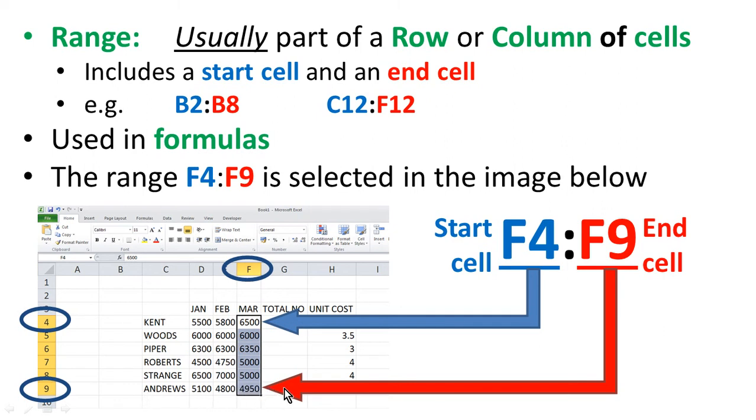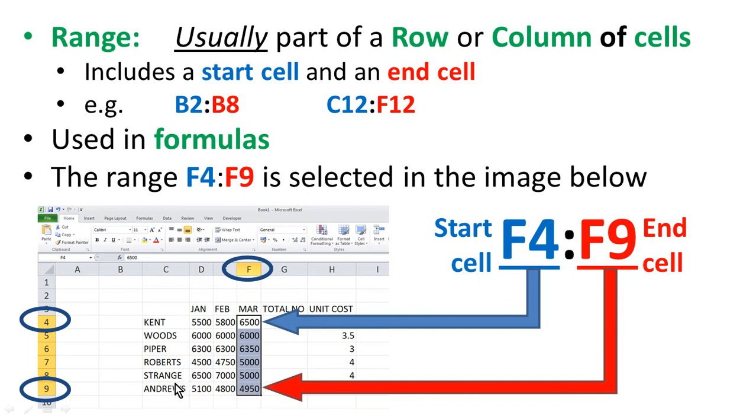Both of them are in column F, but the start is F4 and the end is F9. You can also have ranges that go across, of course. So this is a vertical range, but you can have horizontal ones. So if we had one that was covering all of the figures for Andrews, it would be D9 to F9.